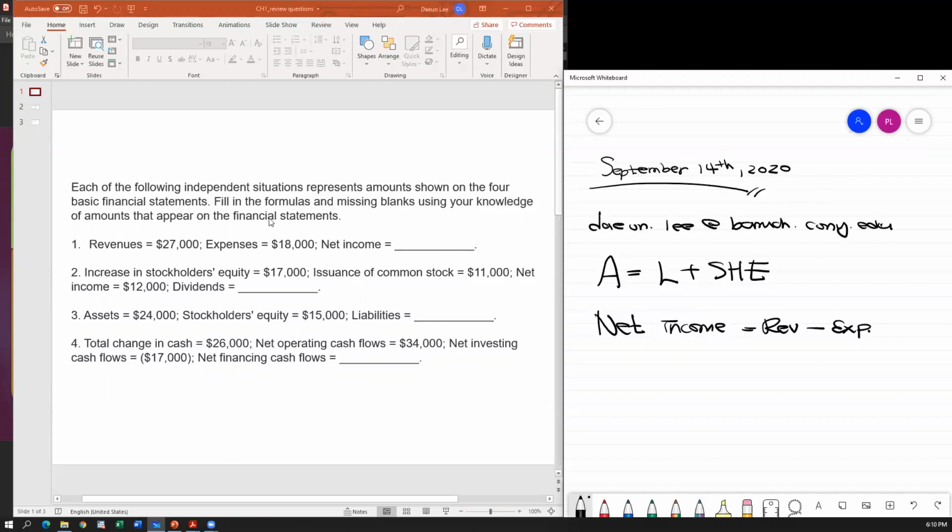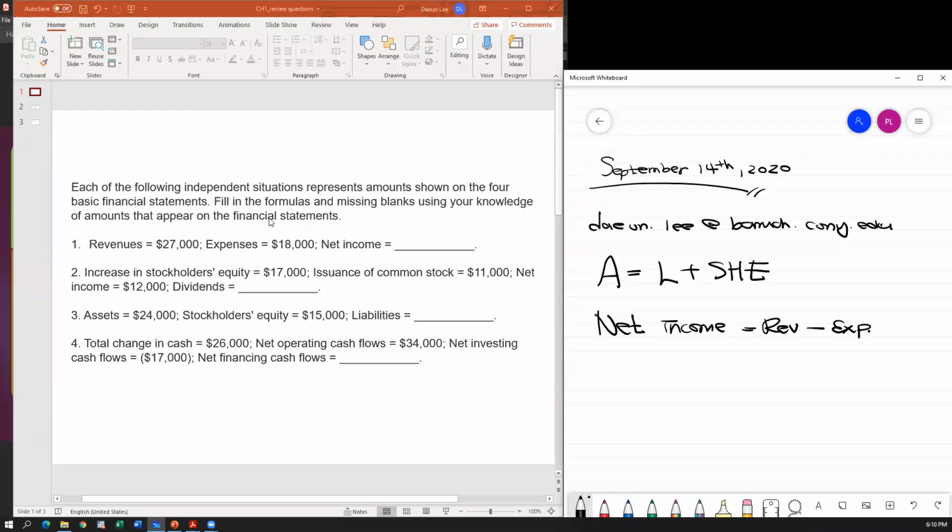Each of the following independent situations represents amounts shown in the four basic financial statements. Fill in the formulas and missing blanks using your knowledge of amounts that appear on the financial statements. Number 1: revenues equal $27,000, expenses equal $18,000. So net income should be very easy, right? $9,000.